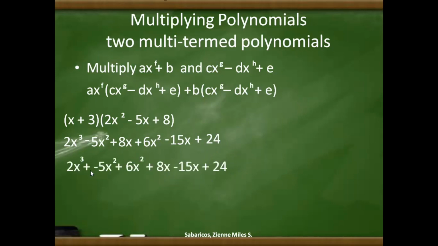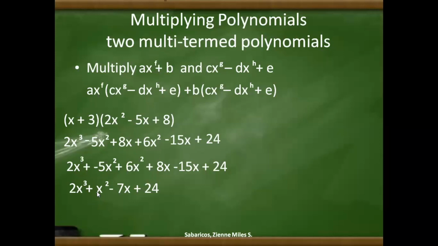So we combine like terms. Negative 5x squared plus 6x squared. Since that is negative and this is positive, we subtract. So 6 minus 5 is 1. And since 6 is bigger, we copy its sign. So it's plus, and we could put 1x squared or just x squared.